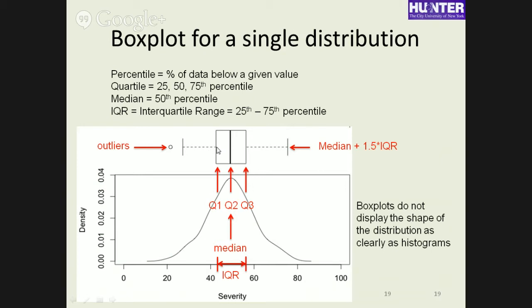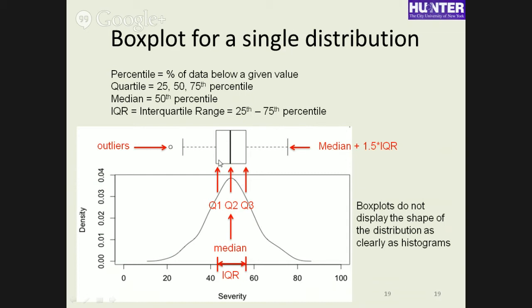The box plot puts a line right at the center, at the median of the distribution. That's where there are equal numbers of observations above and below it. And then it encloses a box at the first and the third quartiles. Quartiles are where quarters of the data lie.